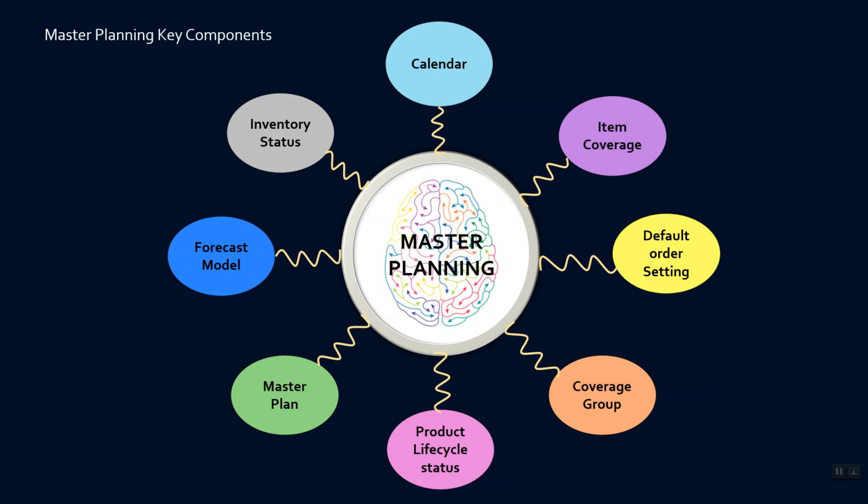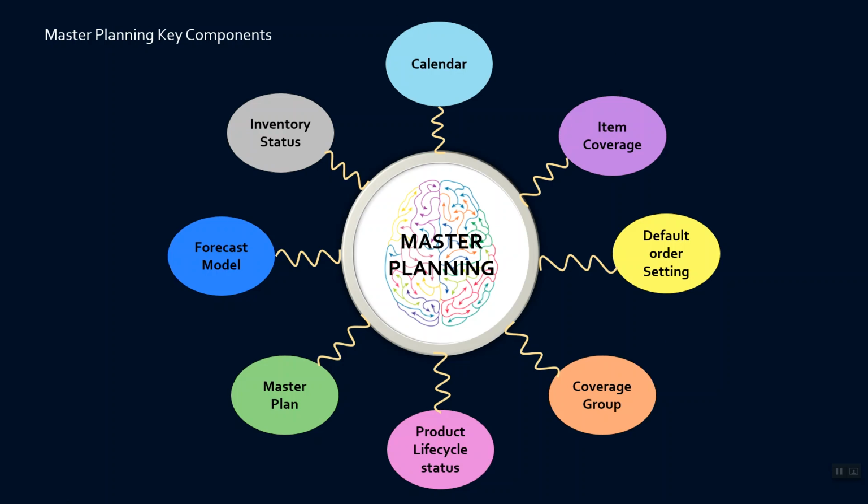So master planning depends on its key components, that is key setups. One is calendar, item coverage, default order setting, coverage group, product life cycle, master plan, forecast model, inventory status. These are a few of the important key components.